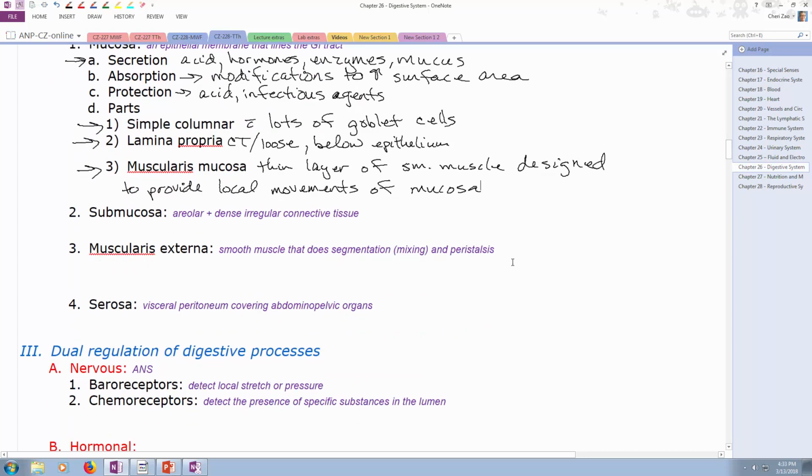Then we have mucosa. It is areolar plus dense irregular connective tissue that's right below it. There's not too much in it most of the time, and it is designed to actually contain BVs, blood vessels, nerves, and lymphatic.